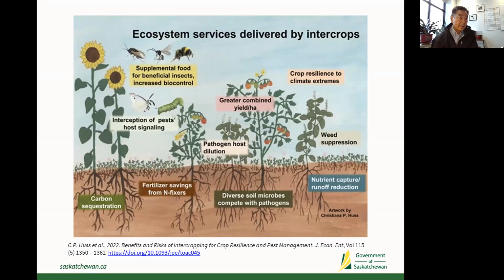And normally, they would also diversify soil microbes because the root systems are different. Some are deep-rooted, others shallow-rooted, and some microbes would like one crop's root system and exudates, and others help all kinds of soil microbes to thrive.